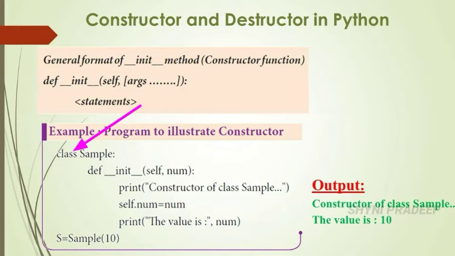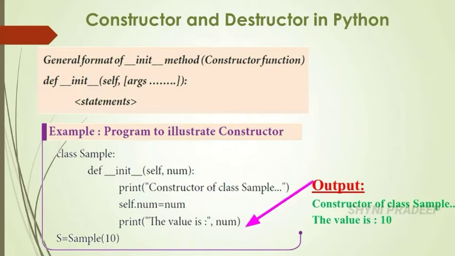See, this is an example program. This is the class keyword, next the class name sample. Next the constructor is defined, def double underscore init double underscore, with self and num as arguments. You have to pass the value only for the num argument, no need to pass a value for self. Next, print constructor of class sample, and self.num is equal to num.